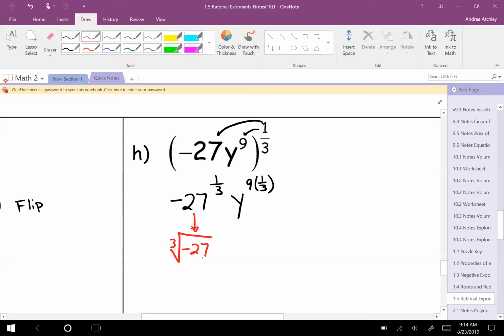Negative 3. 3 times 3 times 3 gives me 27, but I want a negative 27, so it's negative 3 times negative 3 times negative 3. We'll make it a negative 27. And then what's 1/3 of 9? 3. Okay, so it's -3y to the third. Any questions over that?